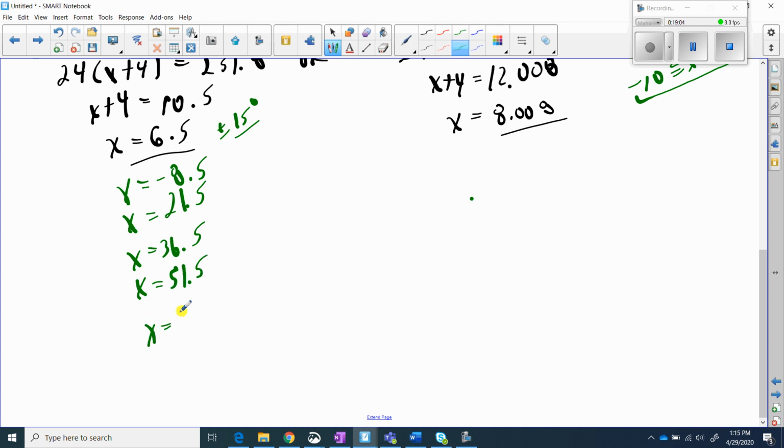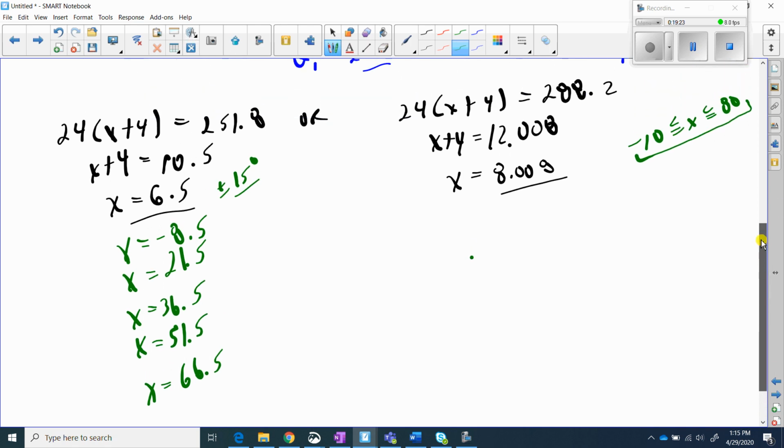Add another 15. Still good. 66.5. I try another 15. Now that gave me 81.5, which I can't write as an answer because it's not between -10 and 80 as our domain was outlined. All right, so I got 1, 2, 3, 4, 5, 6 possible answers there.